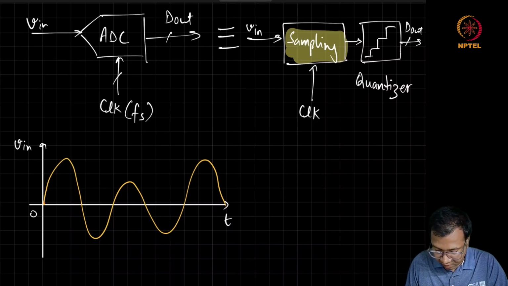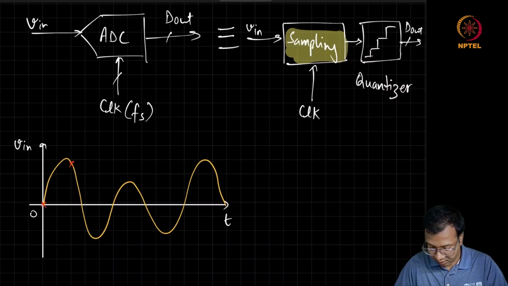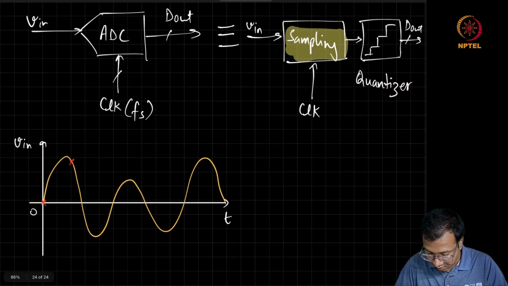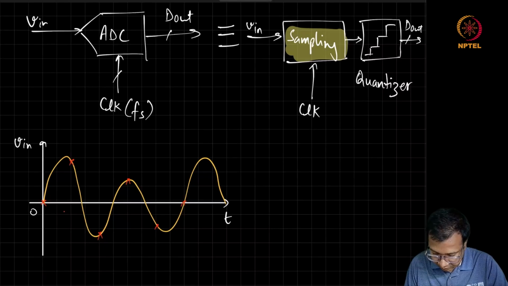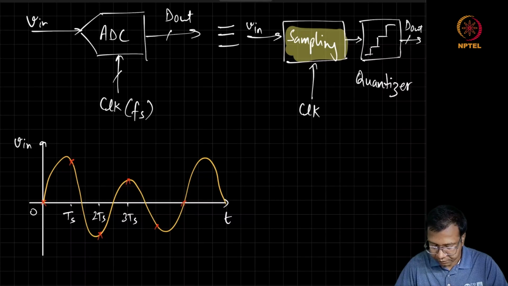So we are going to, for example, take a sample at t equal to 0, then at some time instant Ts, 2Ts, and so on. When we are taking the samples of the signal, we need to also ensure that there is no loss of information. So instead of taking the continuous signal, now we are taking only a few of the samples.